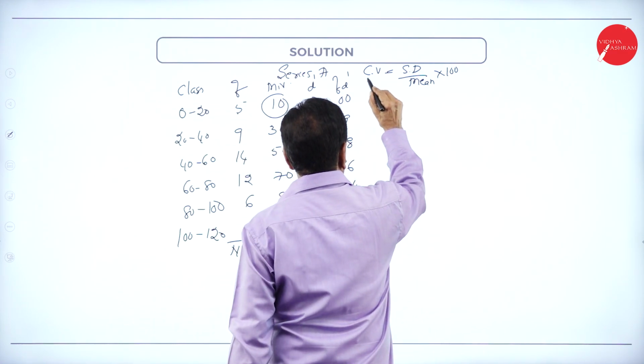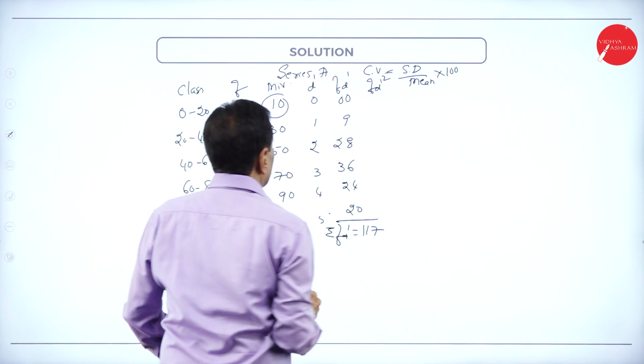Then fd dash square. What is fd dash square?